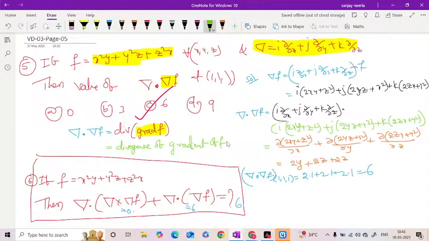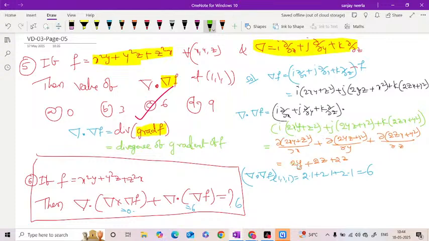So the divergence of the gradient of f: first of all we have to find the gradient f, that means del f. So del f is i into 2xy plus z square, plus j into 2yz plus x square, plus k into 2zx plus y square. The divergence of this vector is again the dot product of the two vectors.